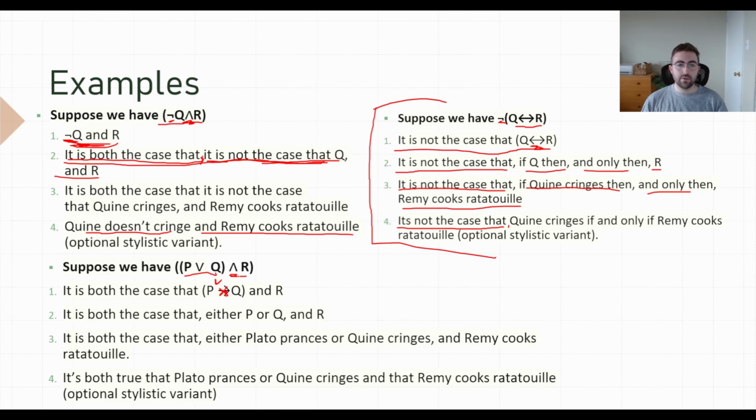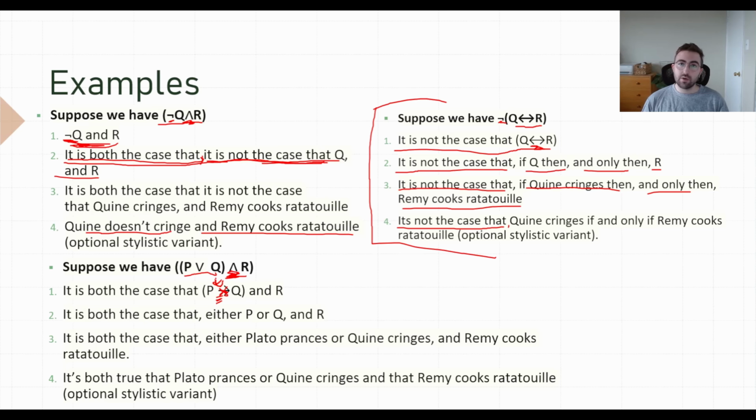Well, the main connective is this and symbol here. So we will translate that first. And we will have, it is both the case that P or Q and R. Remembering that, this should be a or symbol, not an arrow. Well, we still have another connective. It's this or symbol here, this scribbled on or symbol.